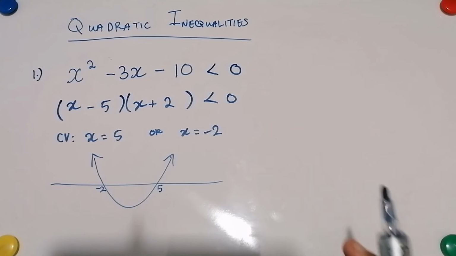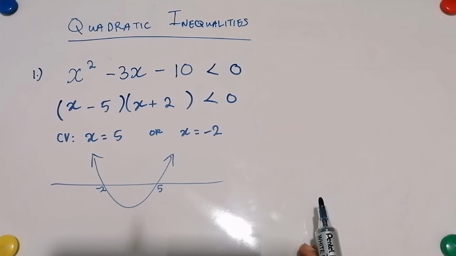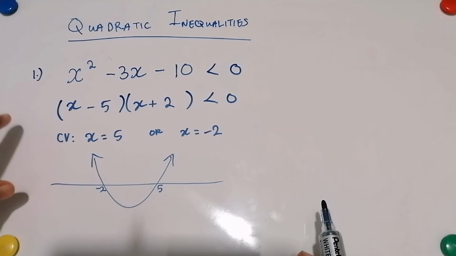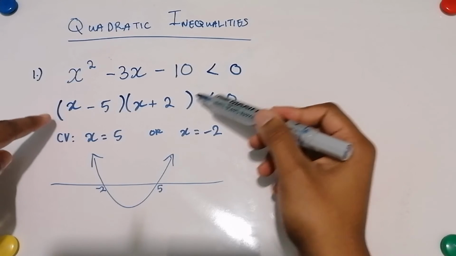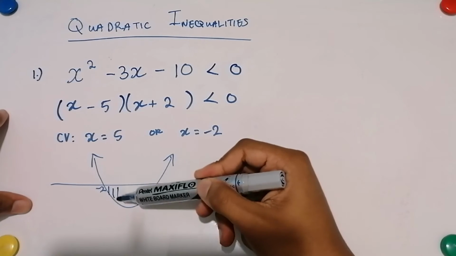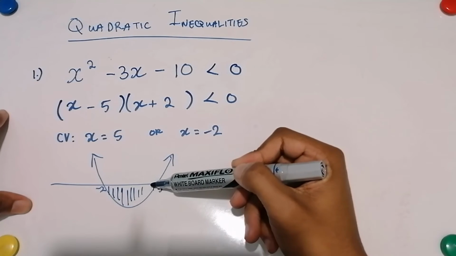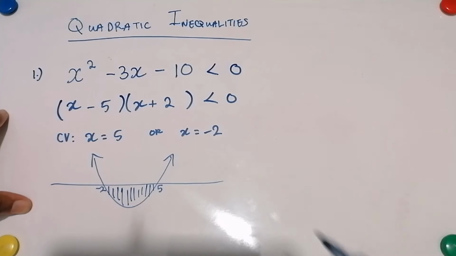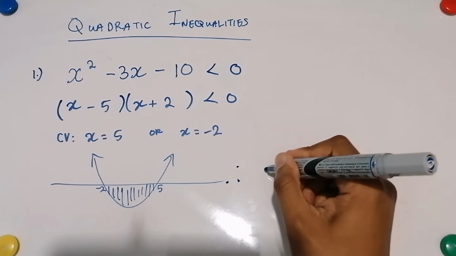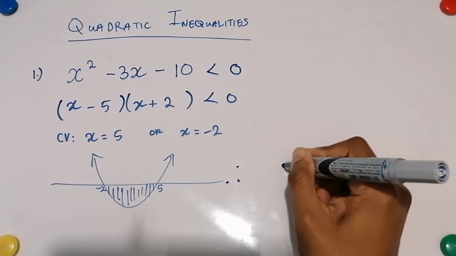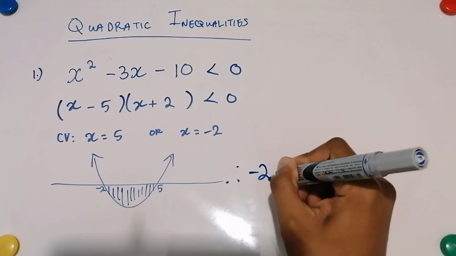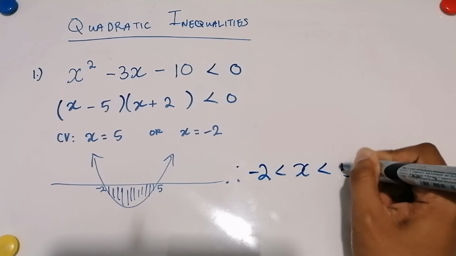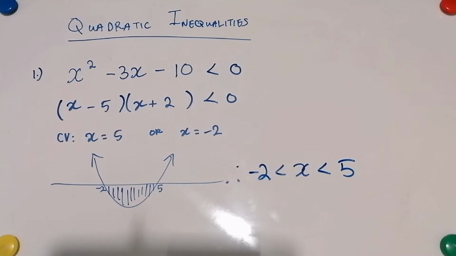When we write our final answer for this as an inequality, we need to remember that since this is less than 0, it's going to be the unified inequality with a lower boundary and an upper boundary. So I write the answer like this: all the x values greater than negative 2, but less than 5. And that's how we solve this inequality.